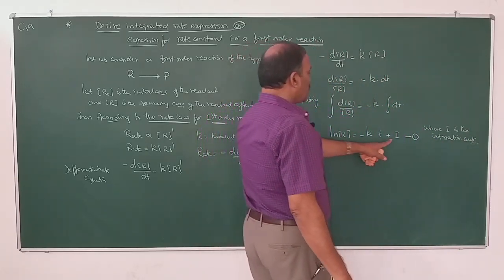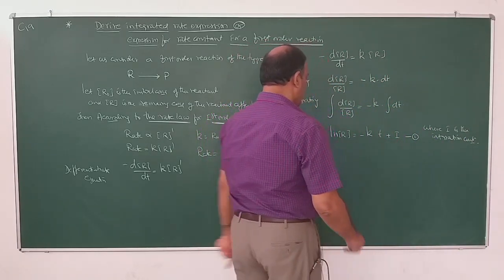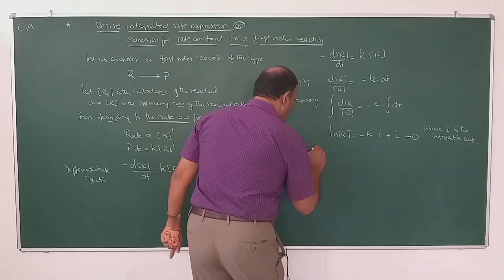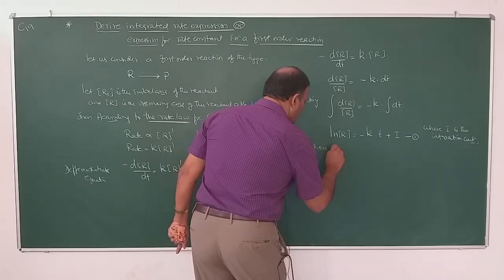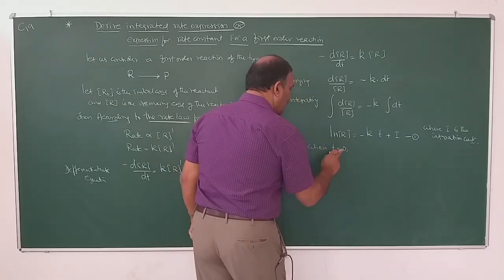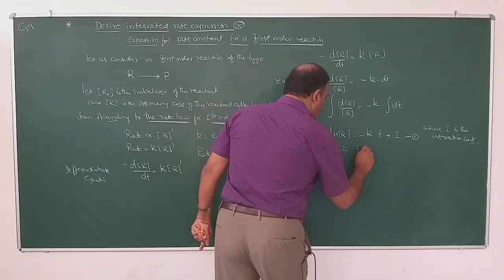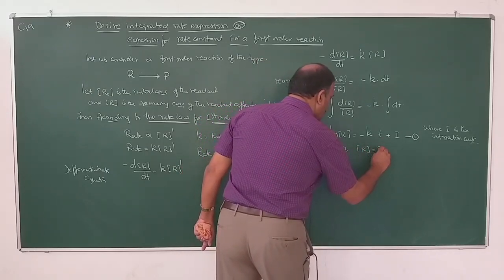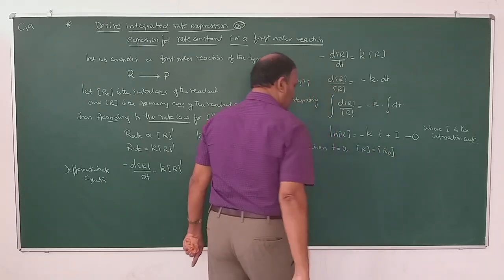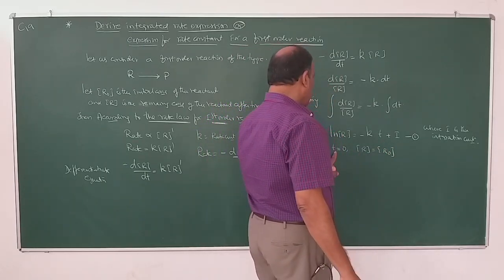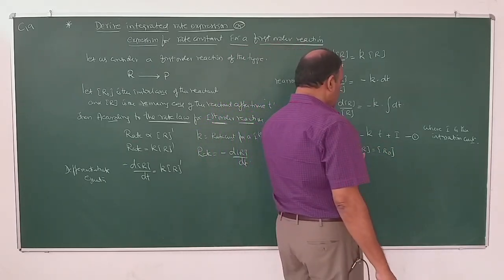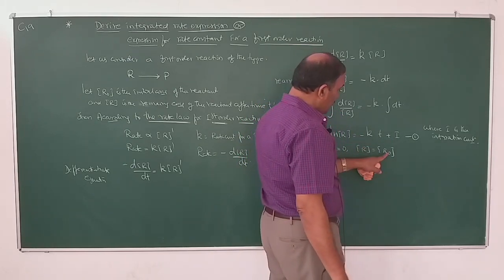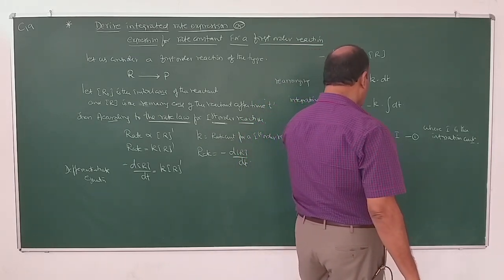So I have to determine the value of I. How to determine the value of I? When t equals 0, that is when time is equal to 0, the concentration of the reactant is its initial concentration, that is [R]0.